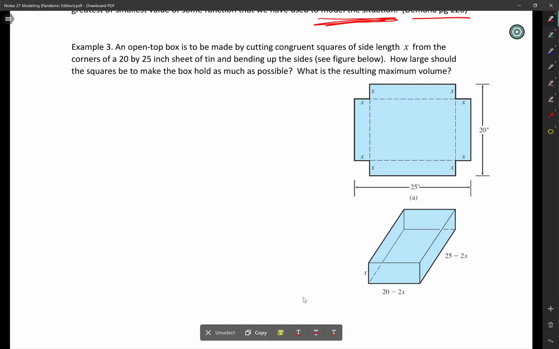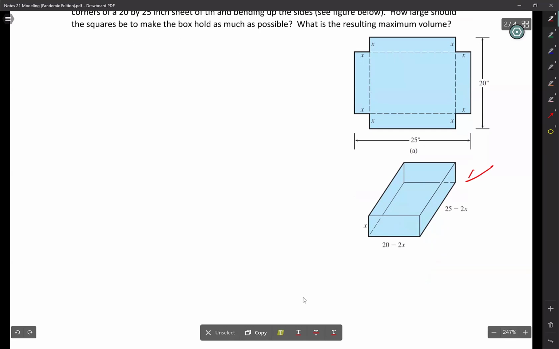And I'm cutting out the corners, x amount. And when I cut out the corners, here is how my box looks. Isn't that cool, the visual there? So how much do I have to cut from the edge to get the biggest volume? Or you could also say, what is my x value to get the biggest volume possible?